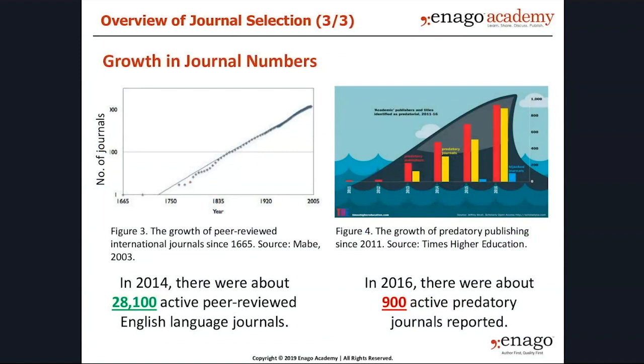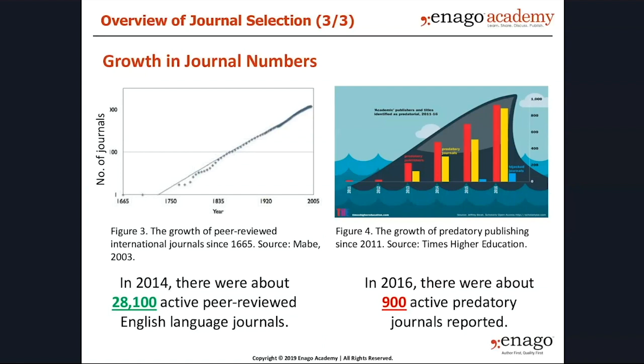So as Katja mentioned in her introduction, we are in something of a journal boom for various reasons. There has been a huge growth in journal numbers, which here in the slide from 2014, we've got 28,000 active peer-reviewed journals.